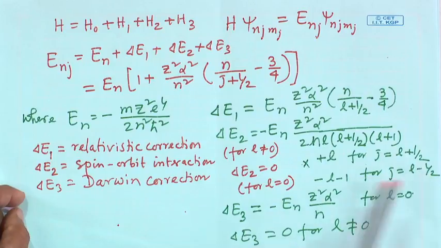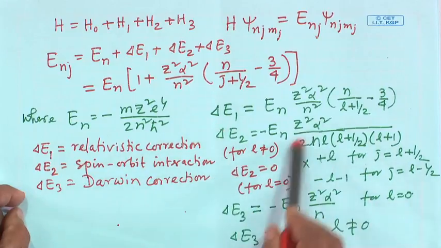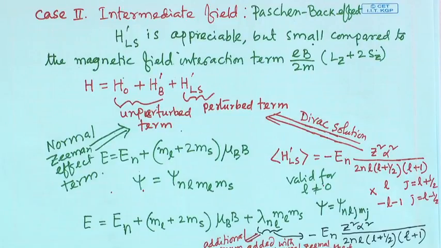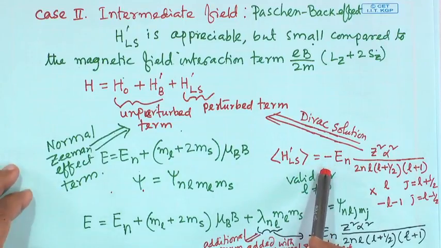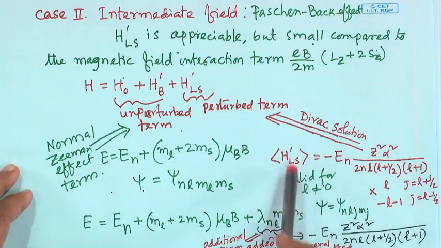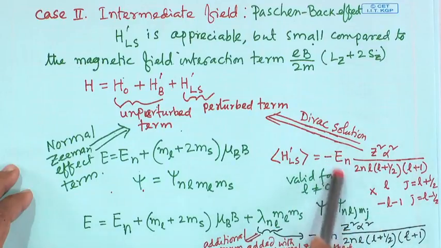So, basically this is the solution for the del 2 term, and we can use that here. This is valid only for l not equal to 0. For l equal to 0, this vanishes.